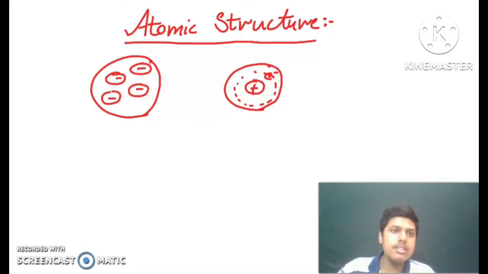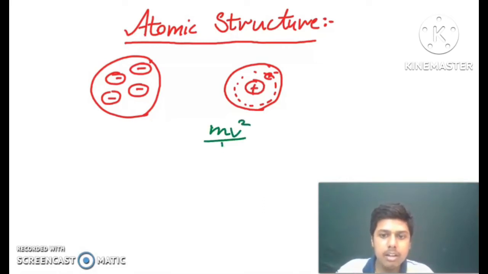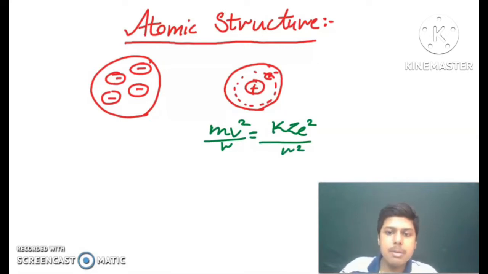Now, let us see, there are two equations basically used, which we have to remember as well. mv square by r is equal to kze square divided by r square. Now these resemble the force equations: mv square by r is the centripetal force formula, and kze square by r square is the formula of force in the electric case which we study.